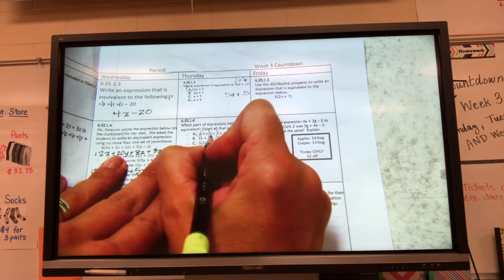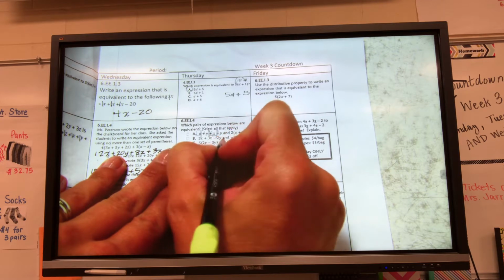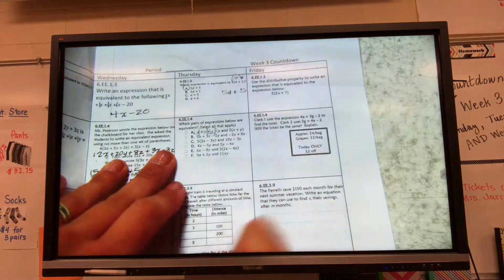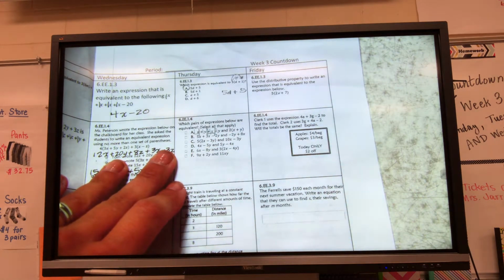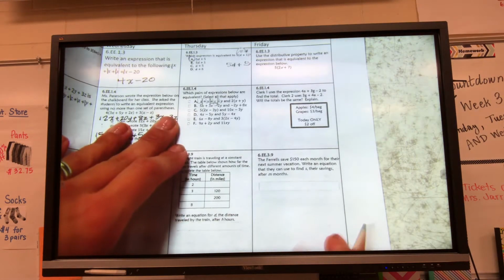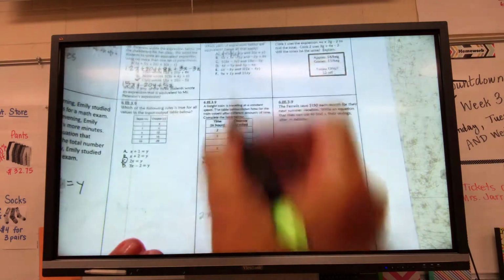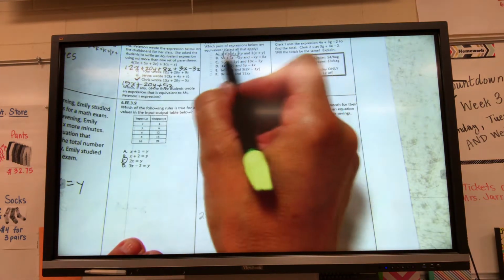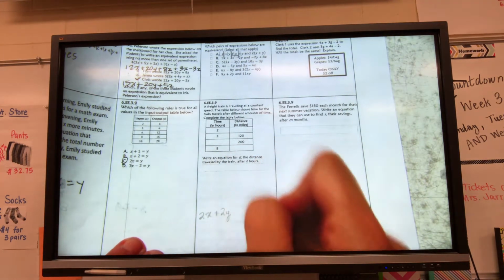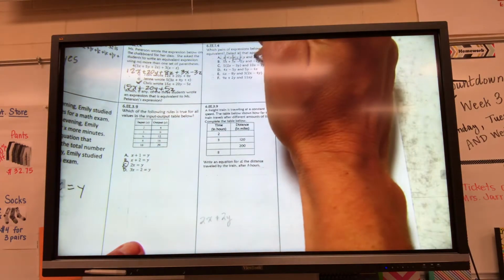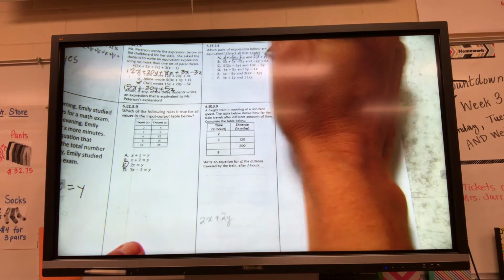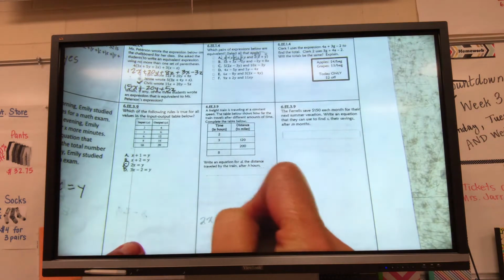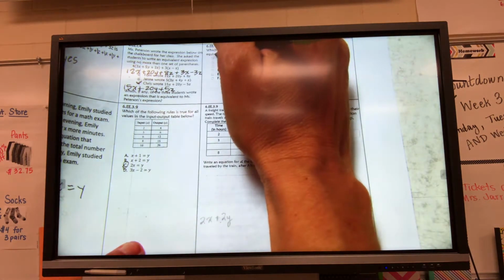So that gives me 2x plus 2y. Well, if I were to share that love here, I would get 2x plus 2y. So we know that these are equivalent.